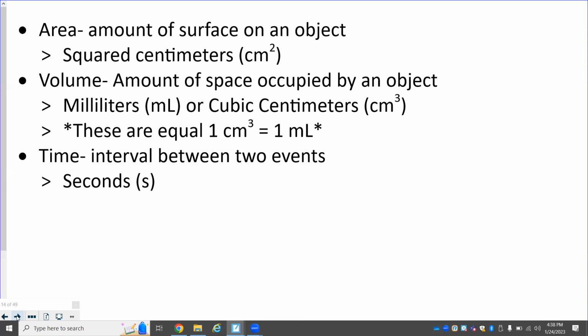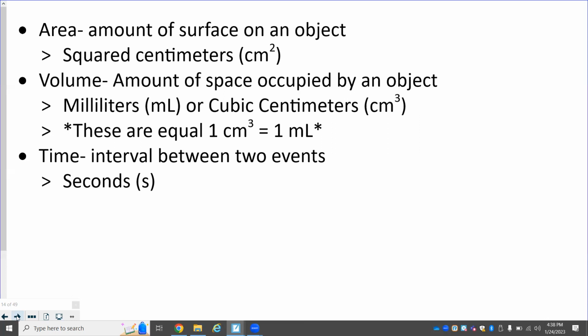Or it can also be measured in cubic centimeters, which we tend to do for more solid objects. Note that a milliliter and a cubic centimeter are the same amount. This will come into play in one of our later units where we do dimensional analysis.